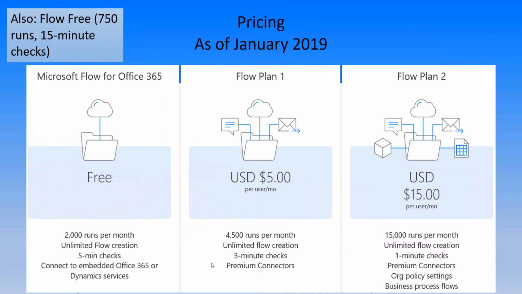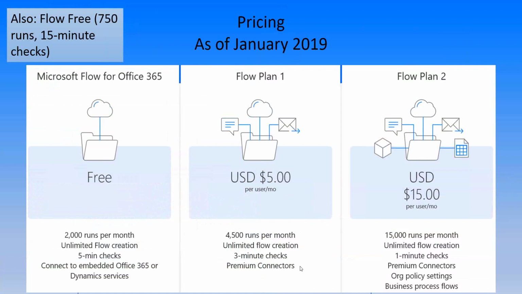And some differences though, if you go up in the licensing by buying one of the purchase plans like Plan 1 or Plan 2, you just get some different features and different additional runs per month. The checks are more frequent, so 3 minutes versus 5 minutes. With Flow Plan 1, you get the premium connectors.